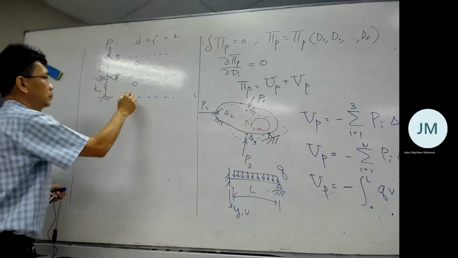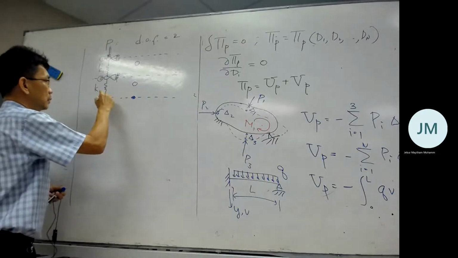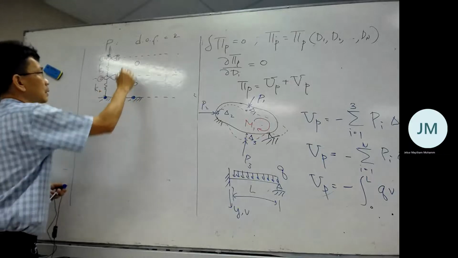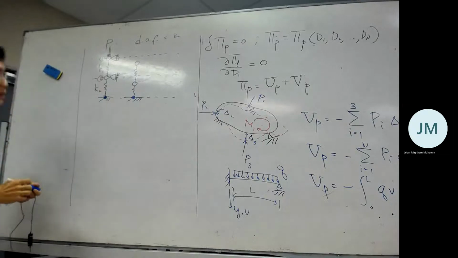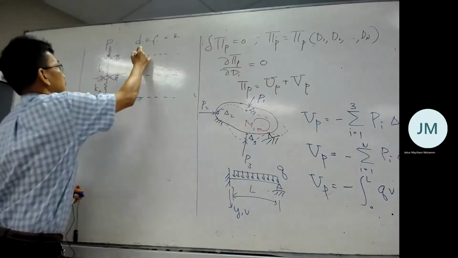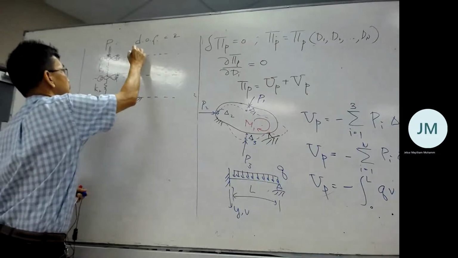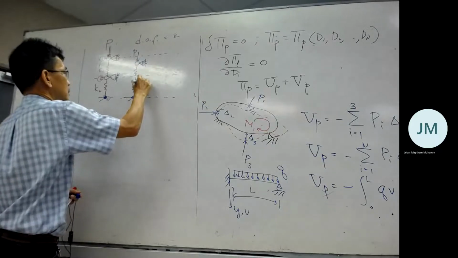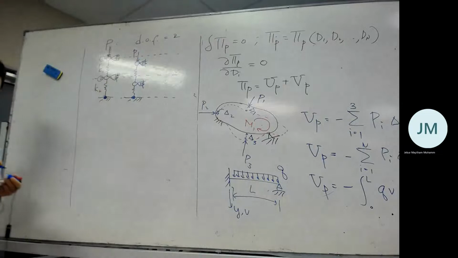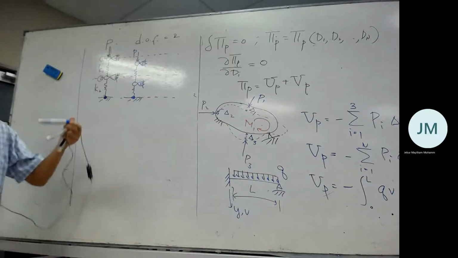And this one here cannot move, because this symbol means that it can only move in axial directions. So this is an axial deformation problem.